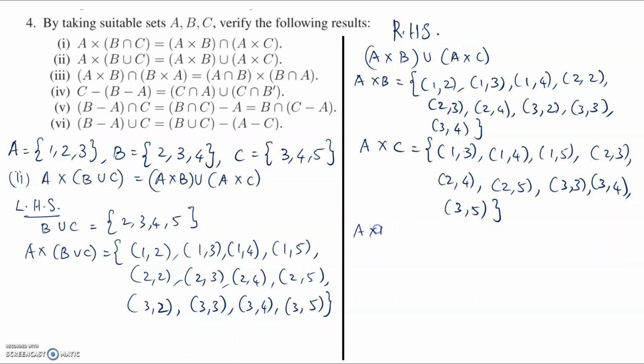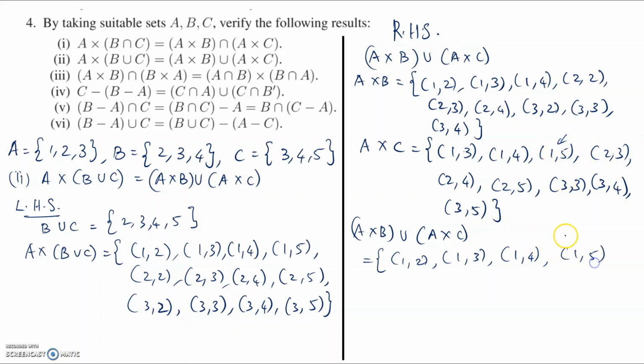Next, A Cartesian B union with A Cartesian C. That means all the items from 1 and 2 have to be put together. So we have a 1, 2, 1, 3, 1, 4, and you also have a 1, 5 here.